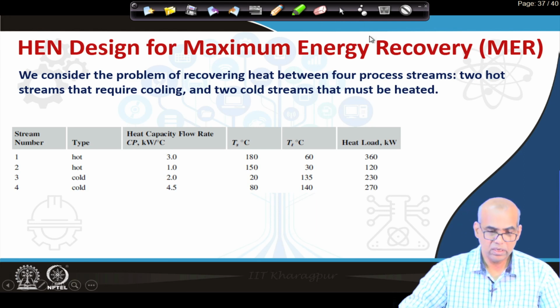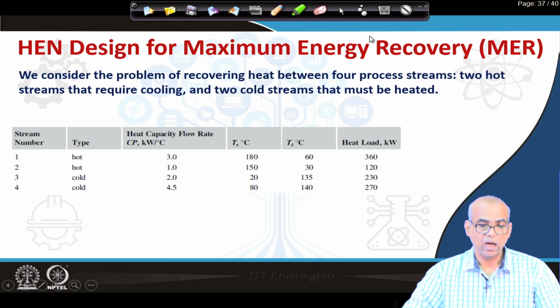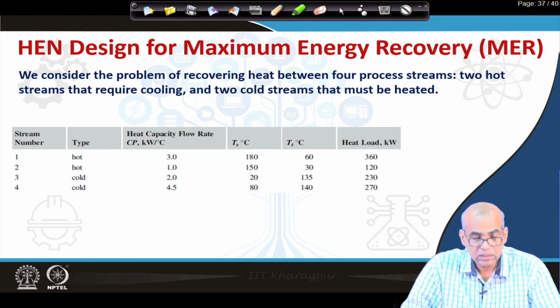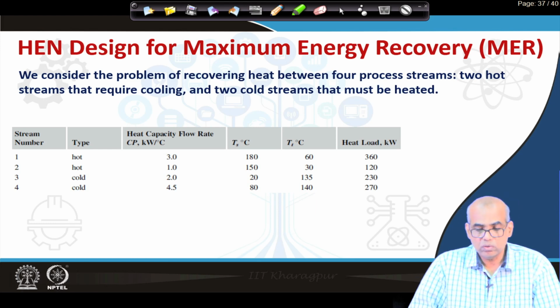We need to design a heat exchanger network. So, first we have to have a basis for design. So, we are going to design a heat exchanger network for maximum energy recovery.